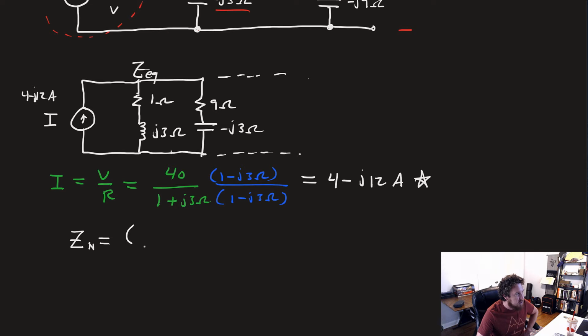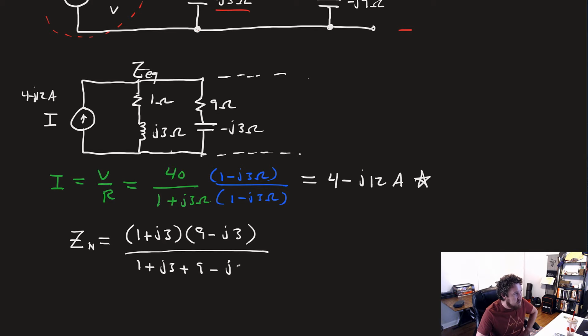That'll just be these two in parallel, so 1 plus j3 times 9 minus j3, over 1 plus j3 plus 9 minus j3.